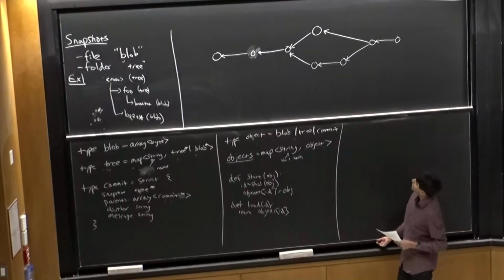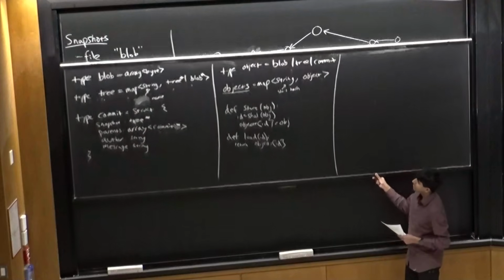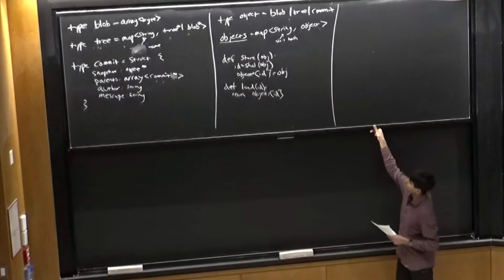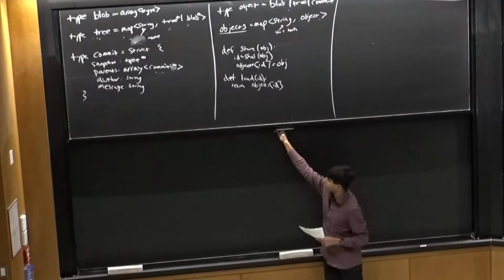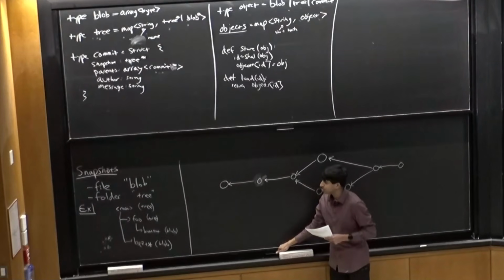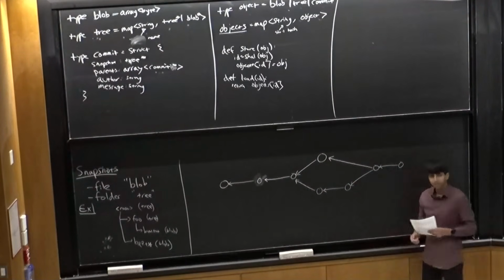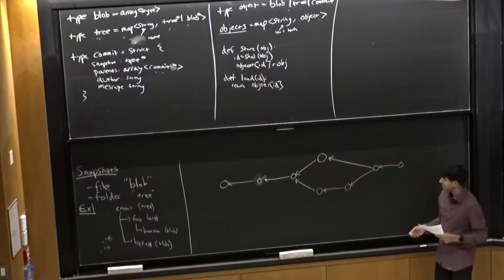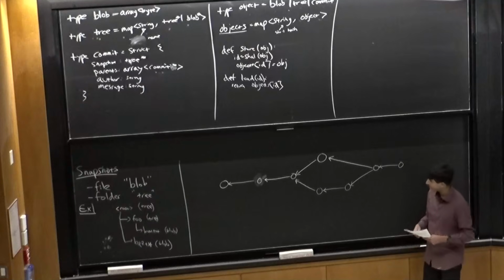And so let me swap these around. So now that we've introduced these concepts, including the object store, and this idea that everything in Git, from commits to trees to blobs, can be identified by their SHA-1 hash, we can flesh out this picture here a little bit.